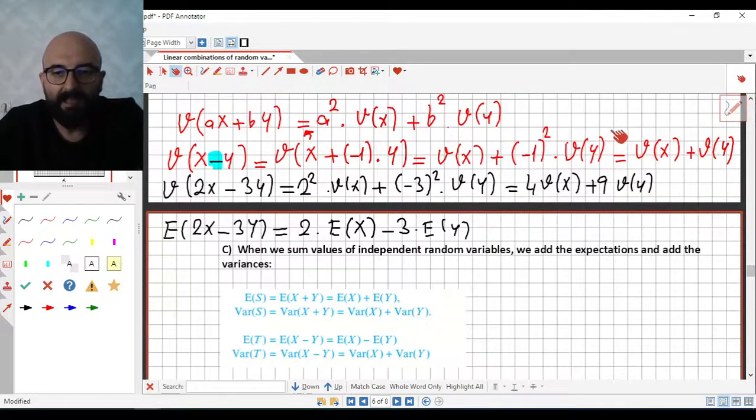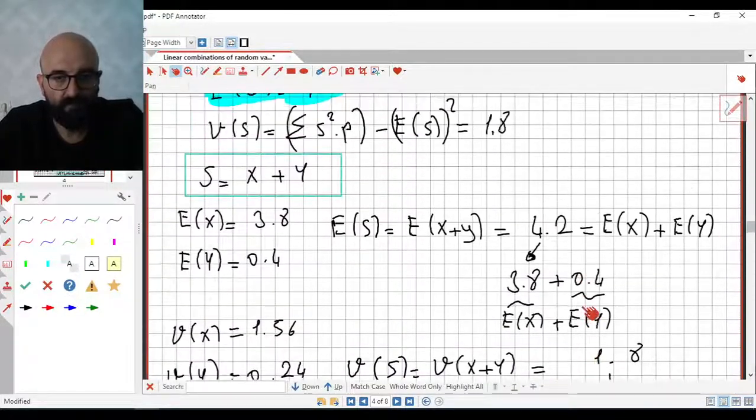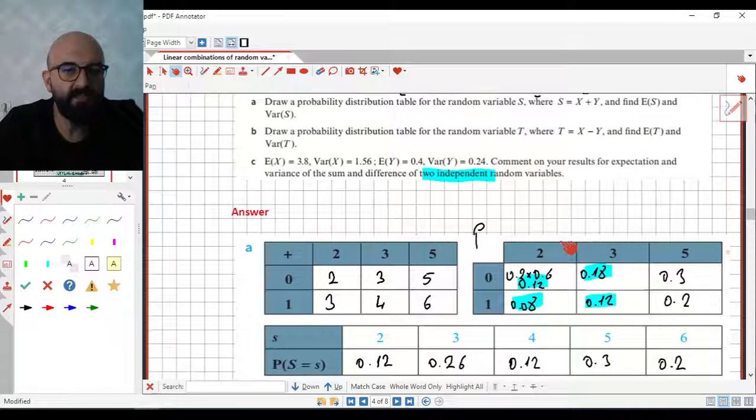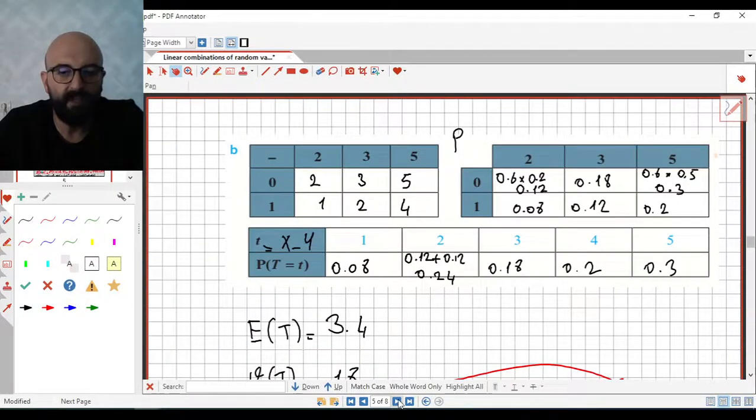Okay, now the C section on our question. We commented on our results for expectation and variance for the sum and difference of two independent random variables.